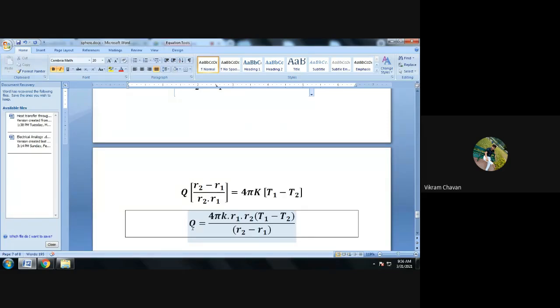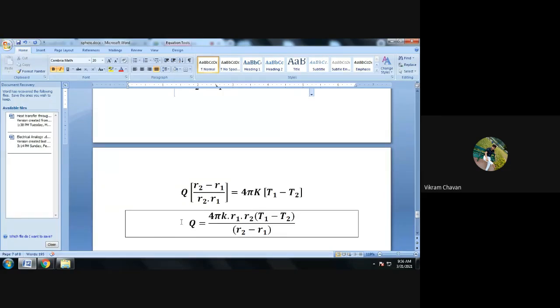Is everyone getting this? This is the important equation we require for solving the problems. Q is equal to 4 pi k multiplied by r1 multiplied by r2 inside bracket t1 minus t2 whole divided by r2 minus r1.